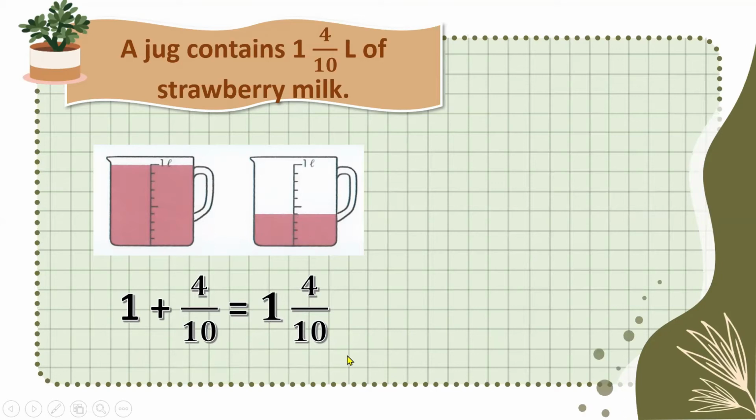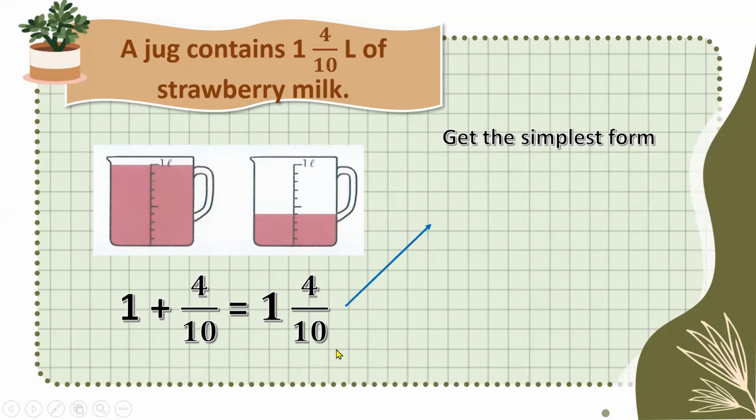But 1 and 4/10 is not yet in the simplest form. Therefore, we have to get the simplest form of this number. How to get the simplest form of a mixed number like this? We have to get the common factor of 4 and 10.